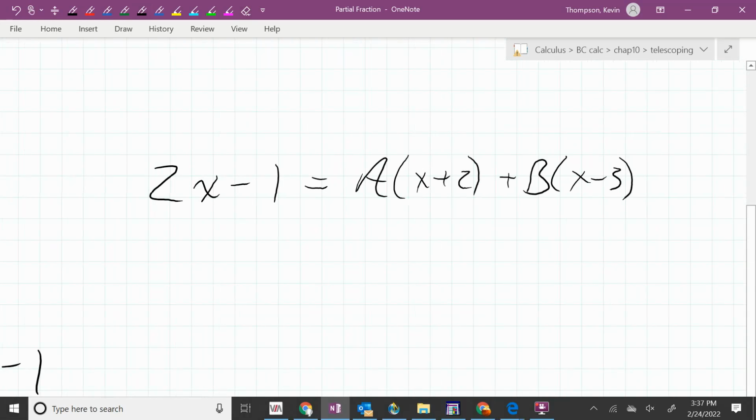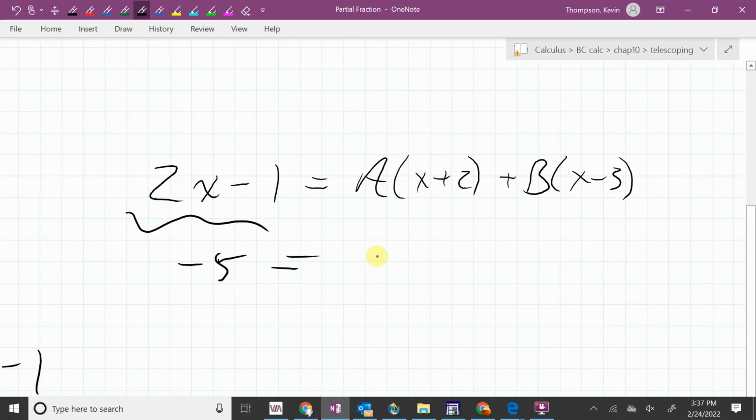So here's what that means. If I go back here, if this is true for any possible x value, you ready? What if I pick an x value cleverly? Like, I don't know, -2. Doesn't this statement have to be true for x to be -2? And if x happens to be -2, this side becomes -5.